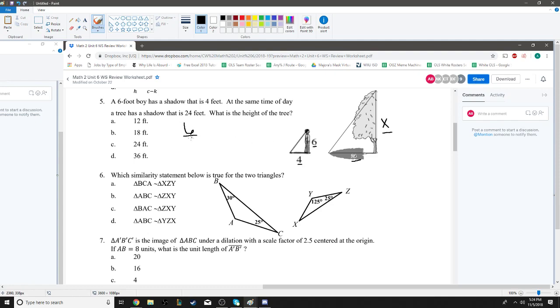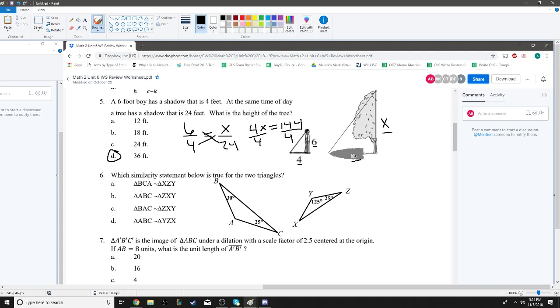So 6 over 4 is equal to x over 24. Cross multiply. This is 4x is equal to 144. And divide both sides by 4 to get x equals 36 feet.